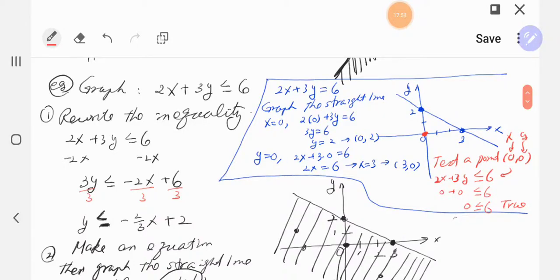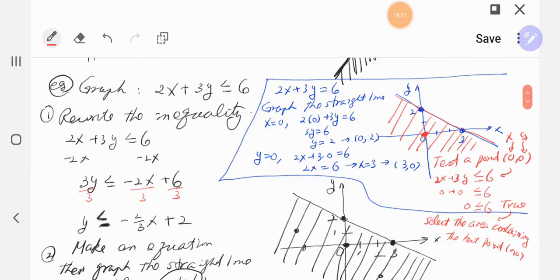Then select the solution: the area containing this point. So this is the solution, including the line. So true means select the area containing the test point, the test point 0, 0.